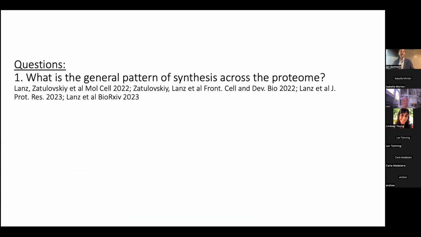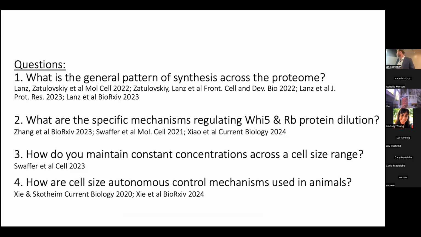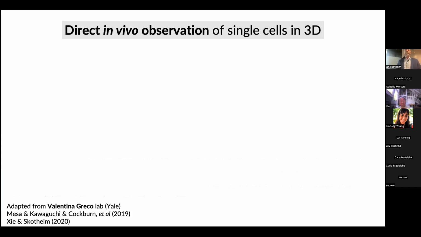Right. So back to our main questions. We've shown you the underlying mechanisms giving rise to the RB concentration dynamics. Now I'd like to talk about our efforts in intravital imaging to try to connect what we're studying in vitro in human cell lines to what happens to those cells in an animal.